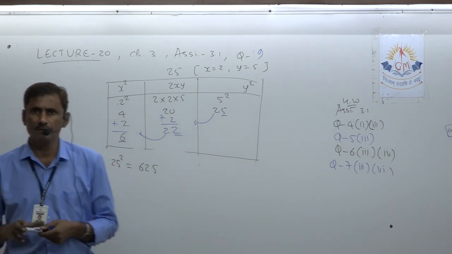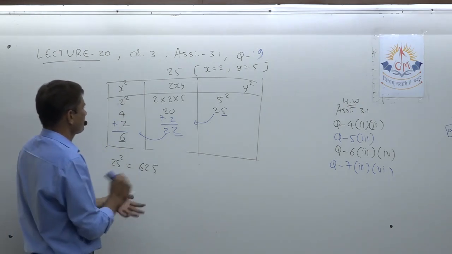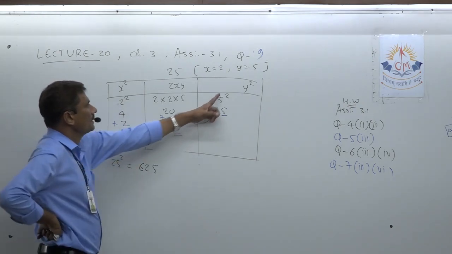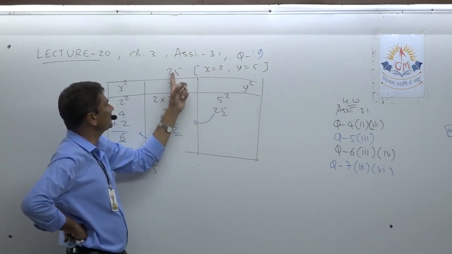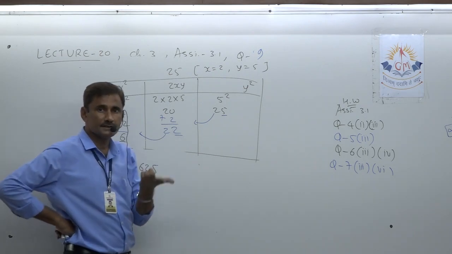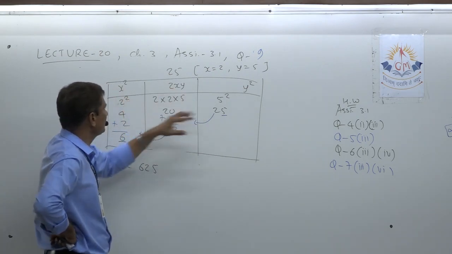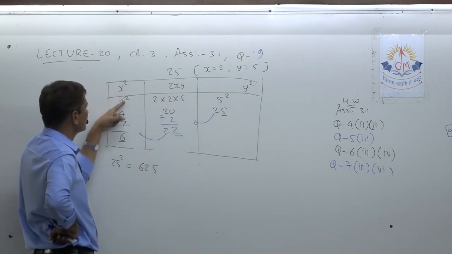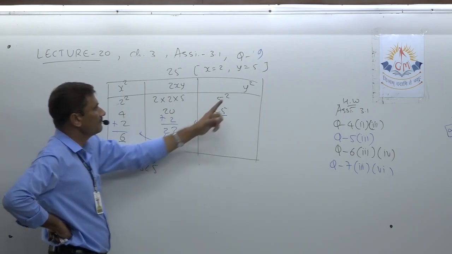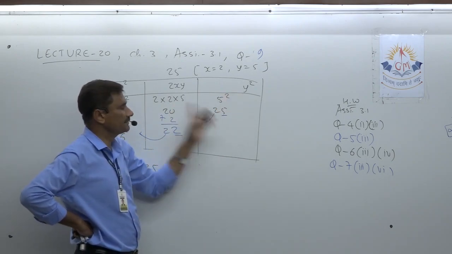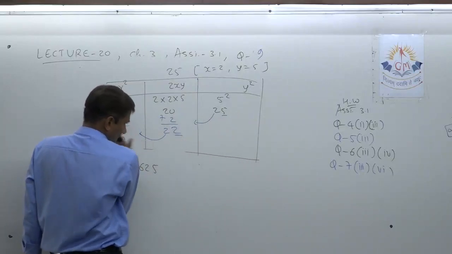Again, I'm explaining. First, determine x and y very easily. This is x, this is y: the tens digit is x, the unit digit is y. Then prepare three columns of x square, 2xy, y square. How? x square means 2 square, 4. 2xy means 2 into 2 into 5, 20. y square means 5 square, 25. Now how to underline? Start from here and come here.